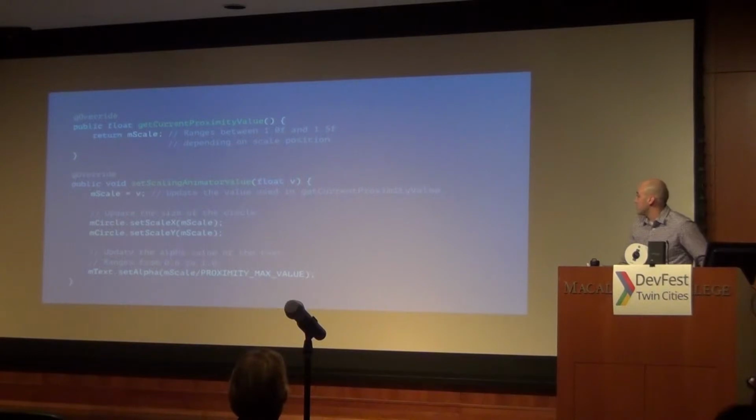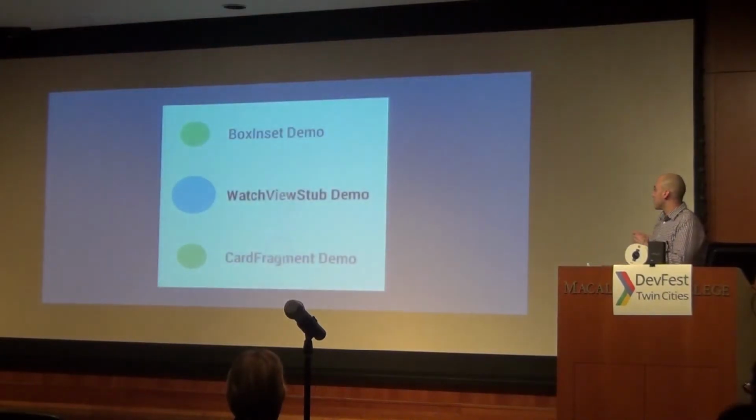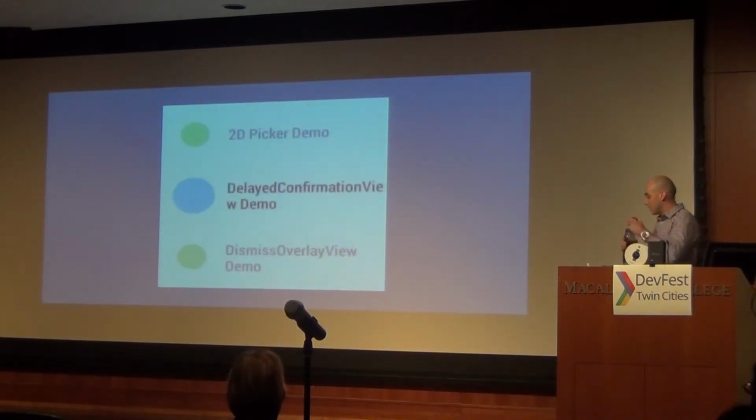And then in there, I'm going to animate my circle to be larger or smaller, and I'll change the alpha value of the text in the list. And for these final two methods, I set it up so when the item is active, give it a blue color. When it's inactive, give it a green one. So here's that list again with all those features.